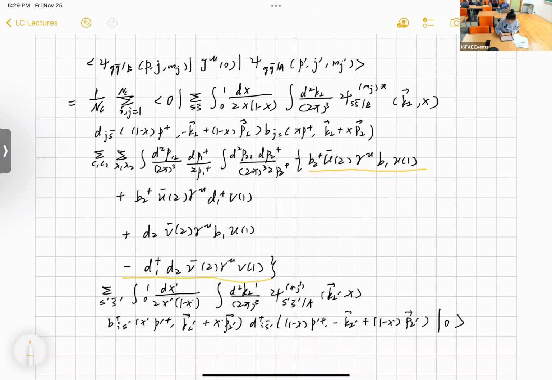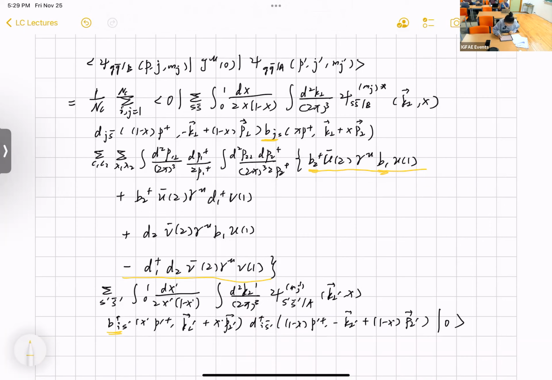For the first term, how does it contract with the creation and annihilation operators in the A meson and the B meson? This B2 I can contract with this B here, and then B1 I contract with the B dagger in the A meson.